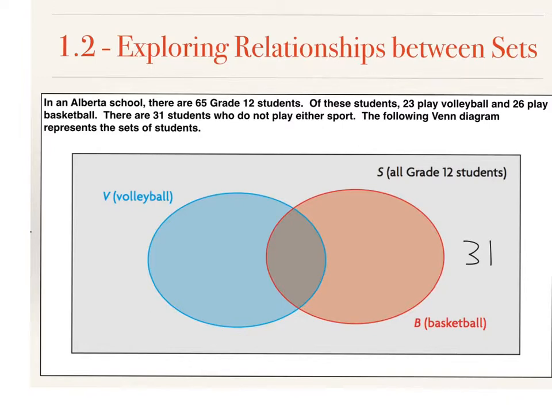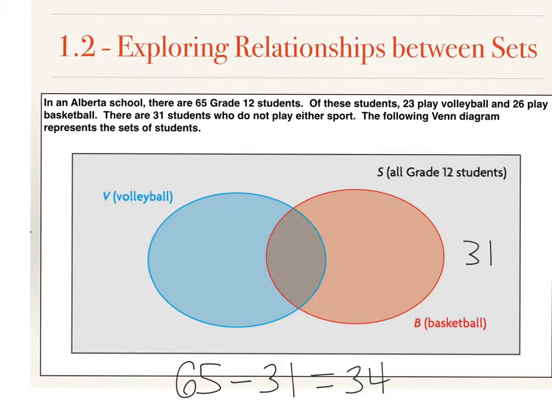So if there's 31 who play neither, there's 34 who play at least one or the other, or perhaps both. That 34 number is really important. The way he got it is he did 65 minus 31 is 34.